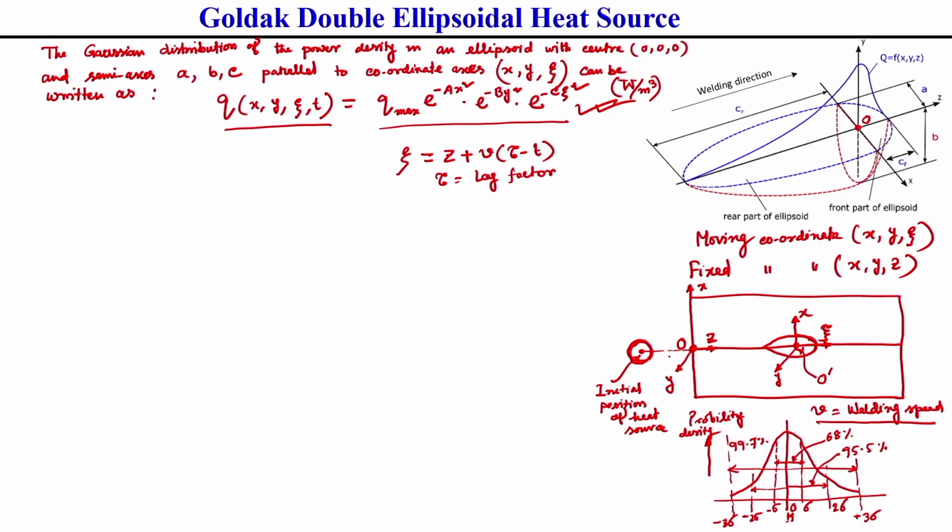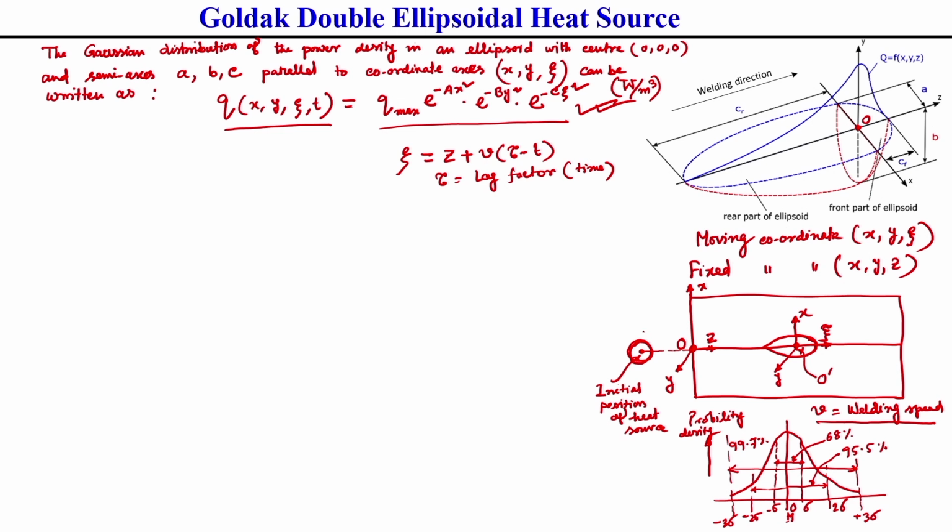Lag factor means the time required to go from the initial position to the fixed coordinate position with a welding velocity of V. So, lag factor is a time, and it represents the initial position of the welding heat source.